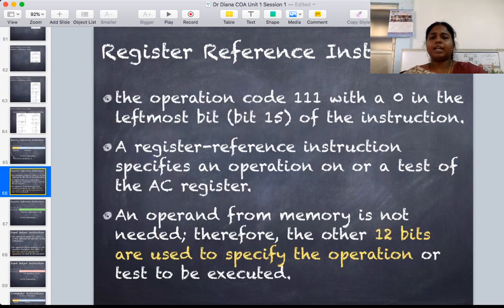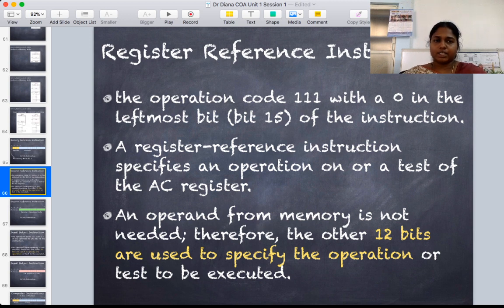Now the second type of instruction is called a register reference instruction. A register reference instruction is when I am transferring data from the accumulator to a different register, or from a different register to the accumulator, or I am performing an arithmetic or logic operation between the accumulator and another register.